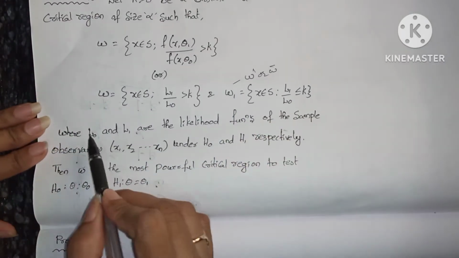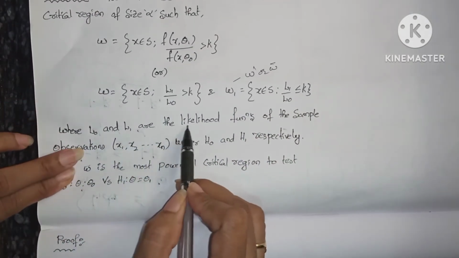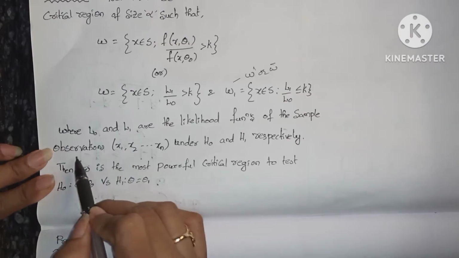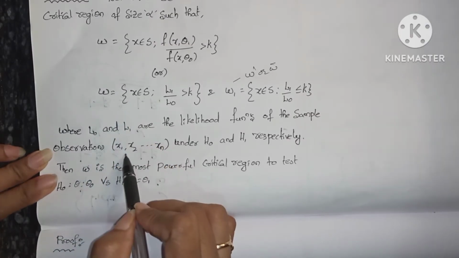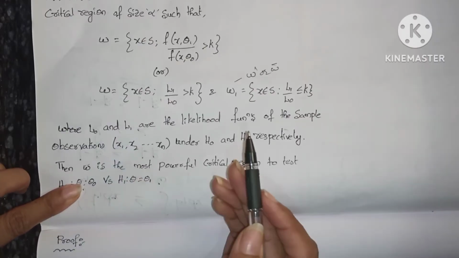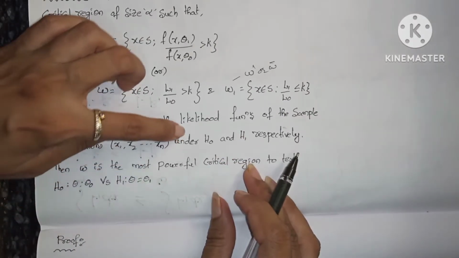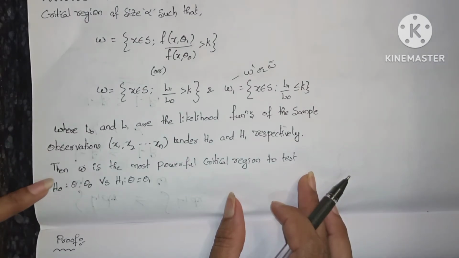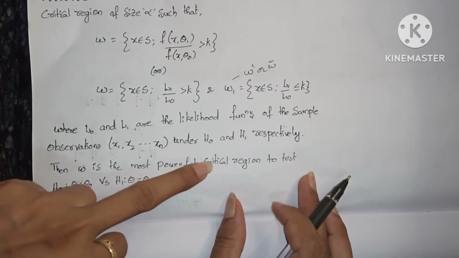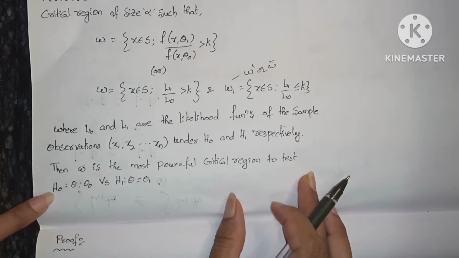Where L0, L1 are the likelihood functions of the sample observations, here in a sample of n observations under H0 and H1 respectively. Then omega is the most powerful critical region to test H0 versus H1.